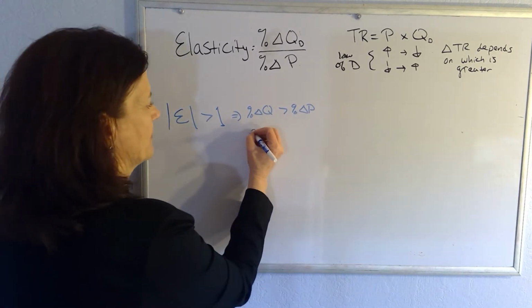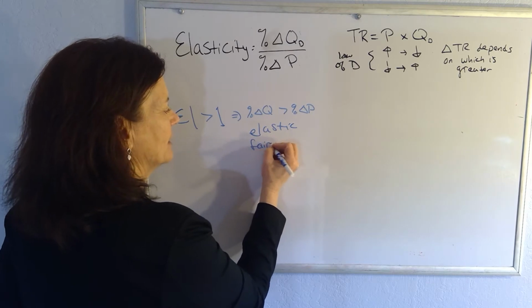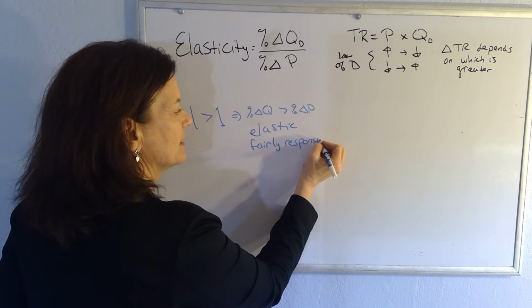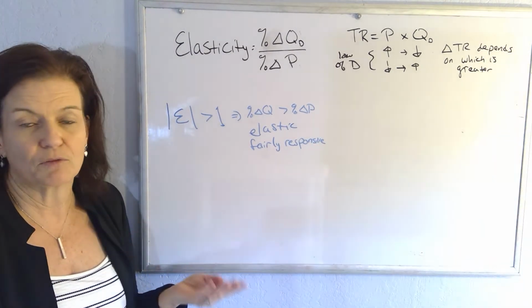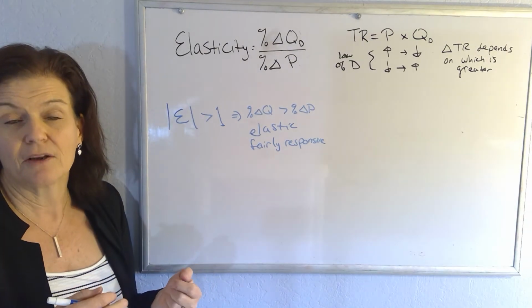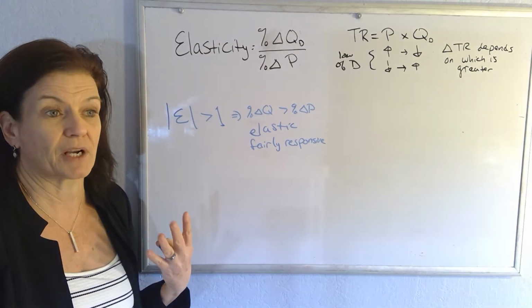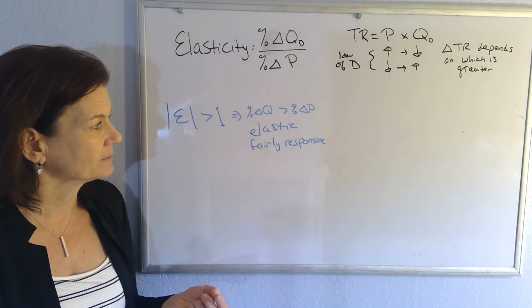This is what we call elastic demand. It represents fairly responsive demand. If we raise our price by 1%, our quantity decreases by more than 1%. Whatever percentage we change our price by, our quantity changes in the opposite direction by more than that. So it's fairly responsive.